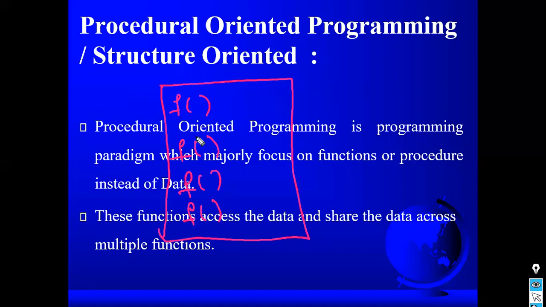Every function is interrelated to the others. These functions can access each other, and they can also share data, which is called global data. All the functions can share this data.